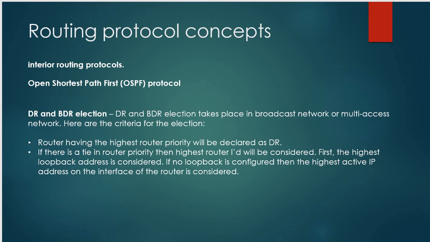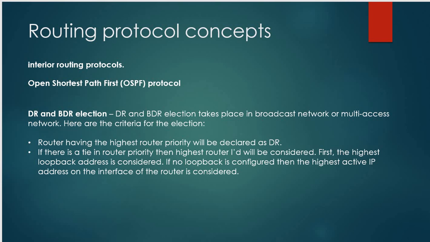Here are the criteria of the elections, how it elects the designated router and backup designated router. The router having the highest router priority will be declared the designated router.